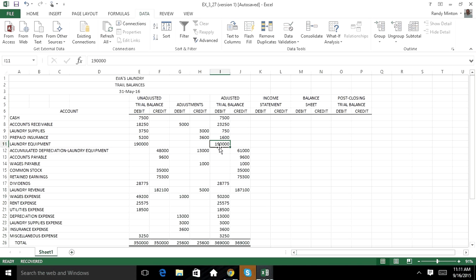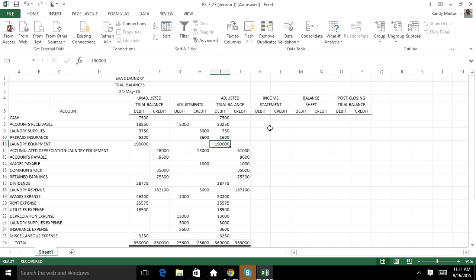And the second reason is that when we calculate gains and losses, when we sell equipment, we need to keep those separated so that we can actually properly calculate the gain and the loss. And when we get into a little later chapter, probably 7 or 8, you'll see what I'm talking about there in more detail. So that takes care of Eva's Laundry Exercise 327.